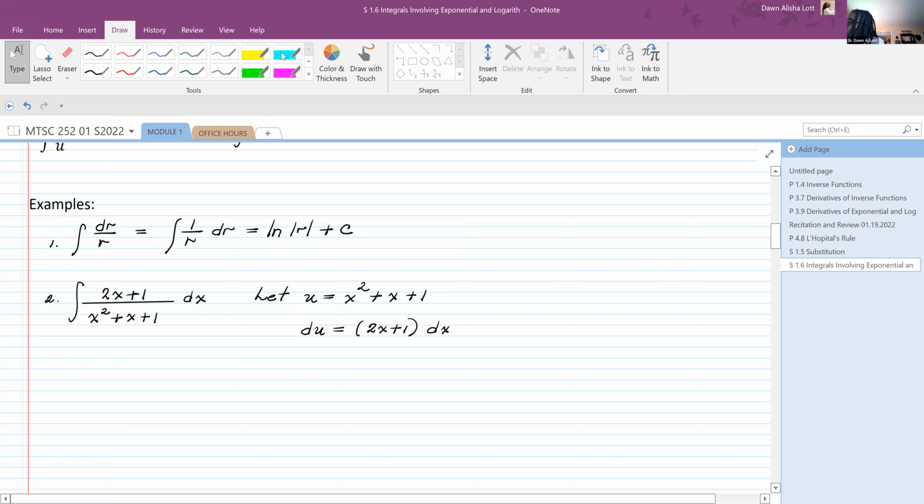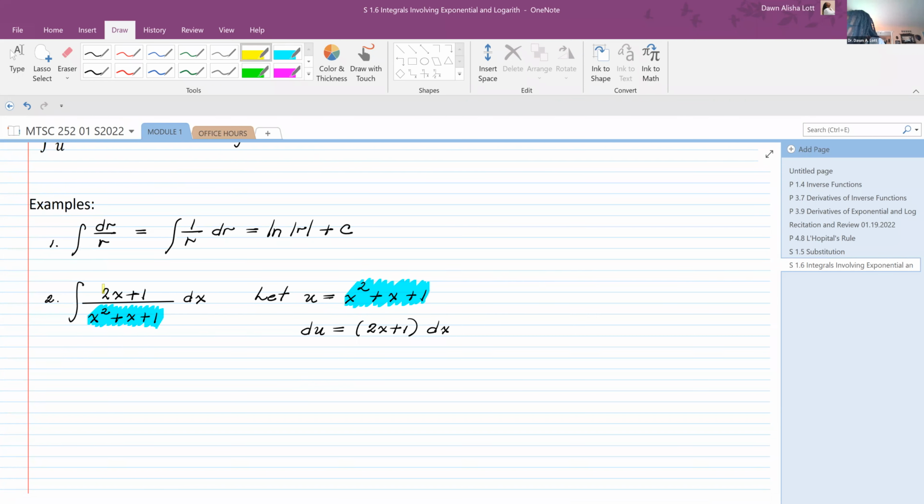Okay, so now I can see that here's my u. That's all cool. So that right there is u. And in this problem, it worked out perfectly. 2x plus 1 times dx just turns out to be du. So this one's a really nice one.